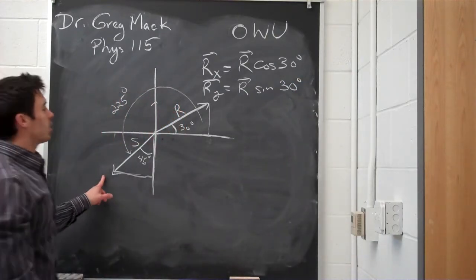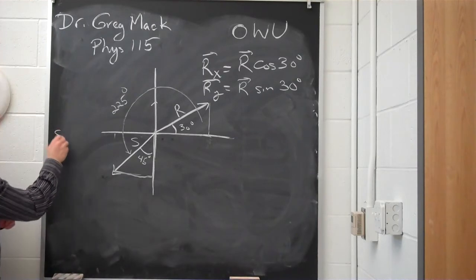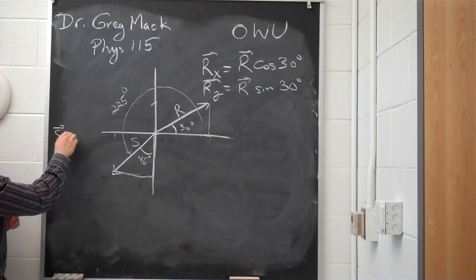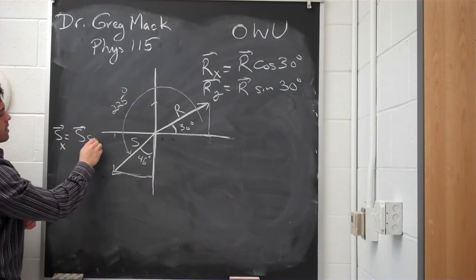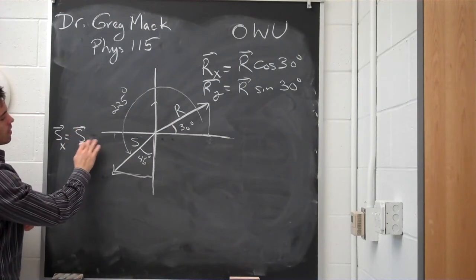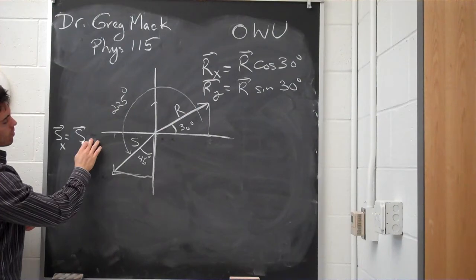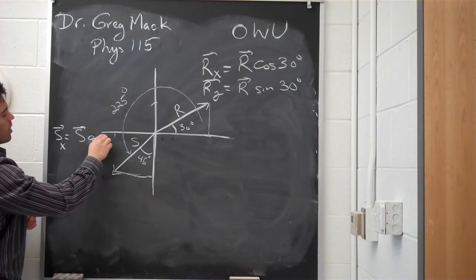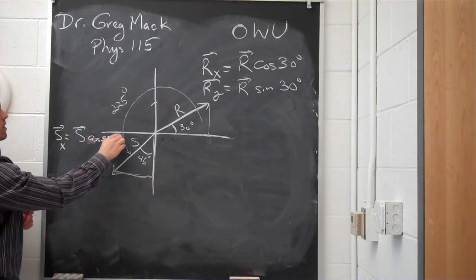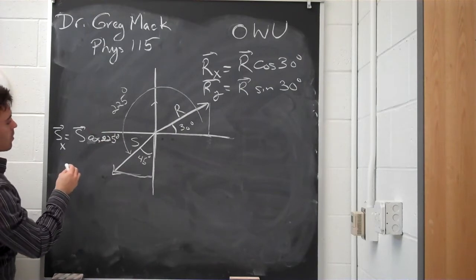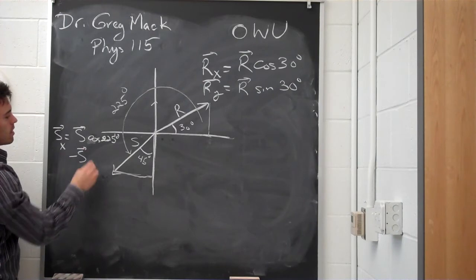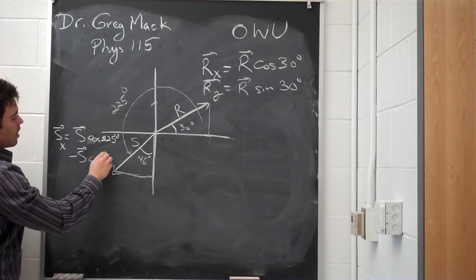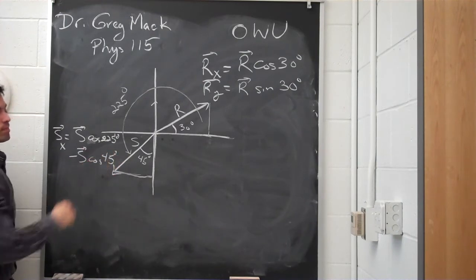For this one over here, the sx is going to be equal to s times the cosine of 225 degrees, or we could also write that as negative s times the cosine of 45 degrees.